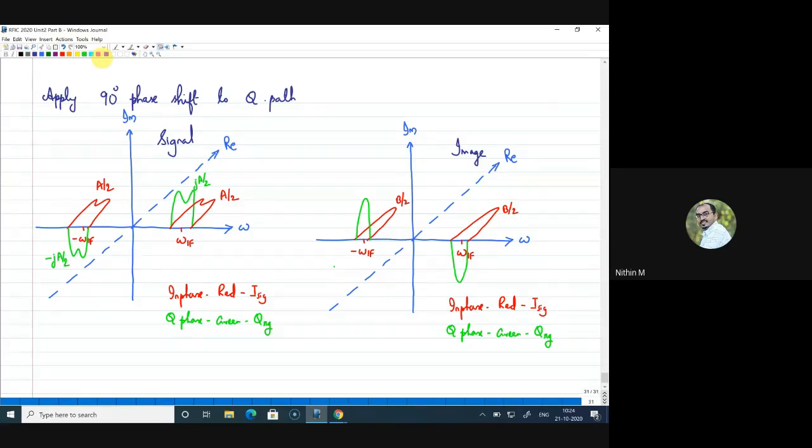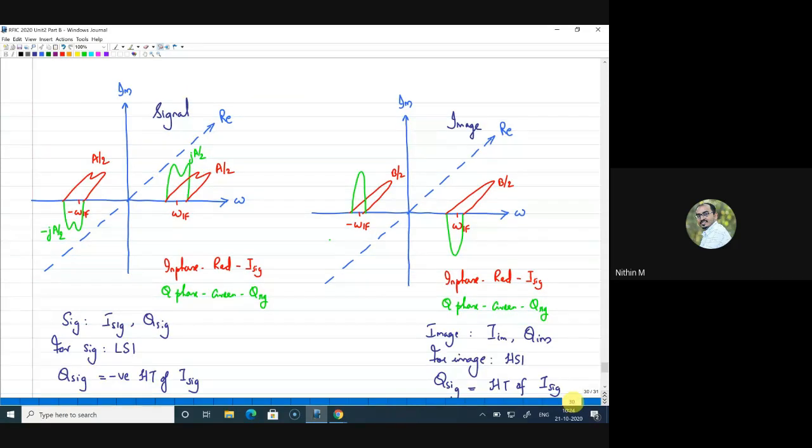Now, giving a 90-degree phase shift to the Q path is the same as multiplying by minus j signum of omega, right? So to the Q component I'll multiply with minus j. One thing I missed here, I need to mention the amplitude of these Q components.